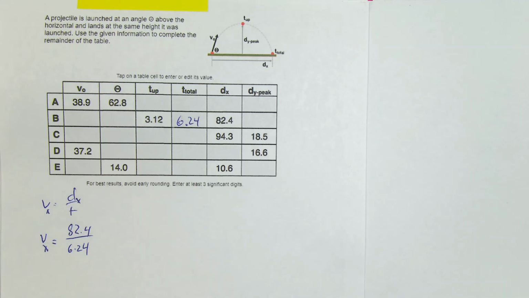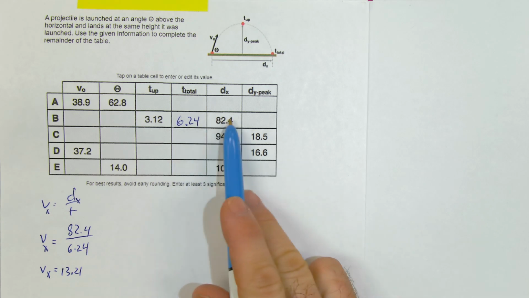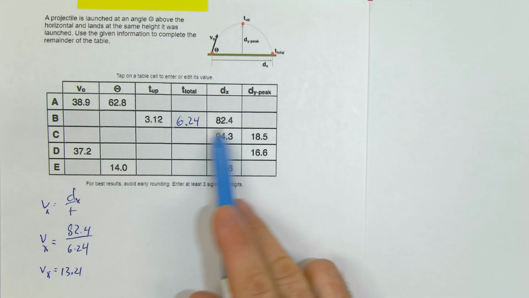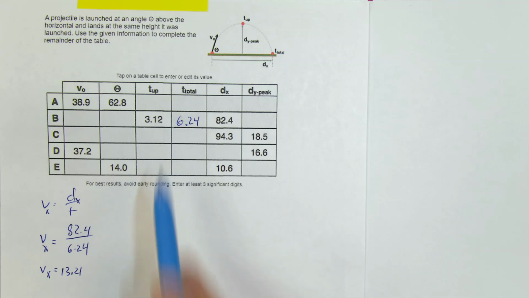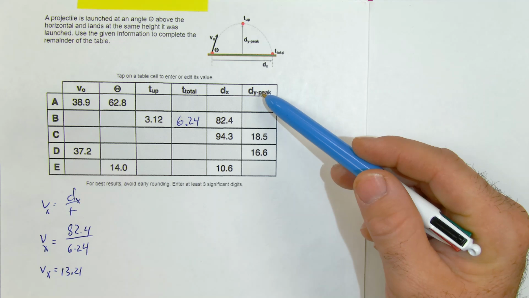That's going to equal 13.21. But that's just going to be the velocity on the x-axis. And we'll use that to finish solving this, but that really won't help us too much right now to solve for the distance on the y-axis.